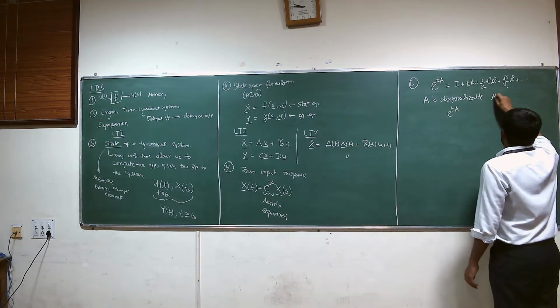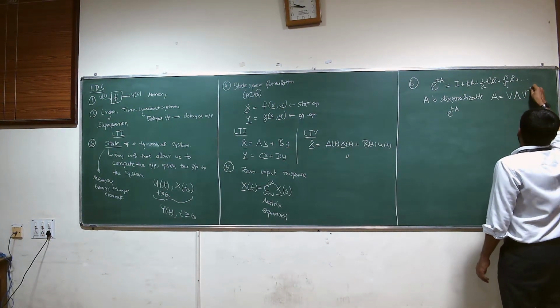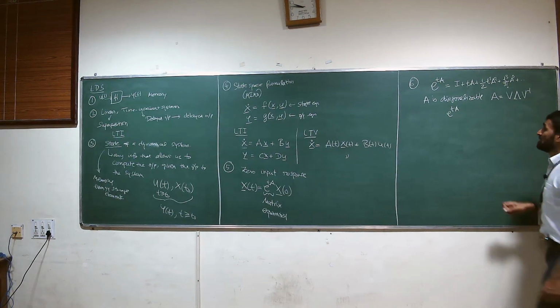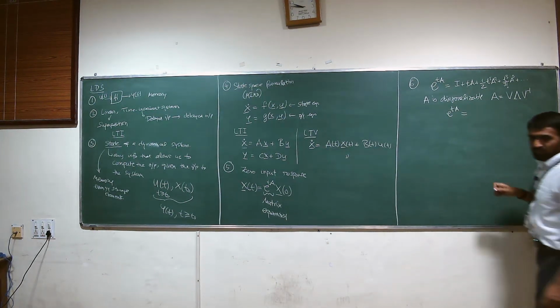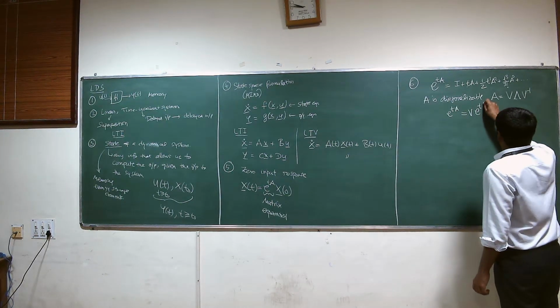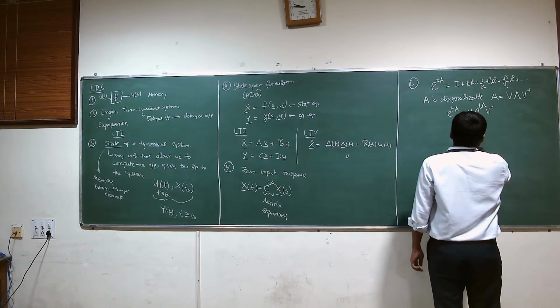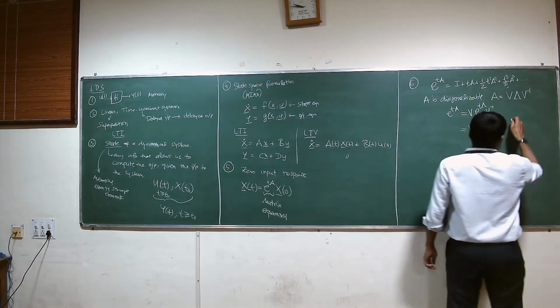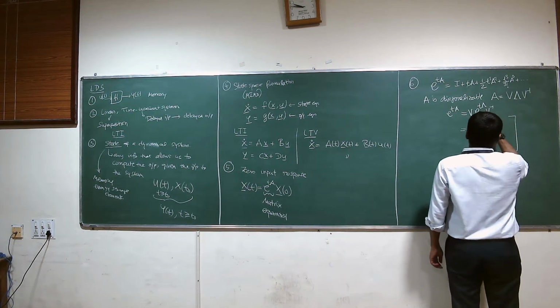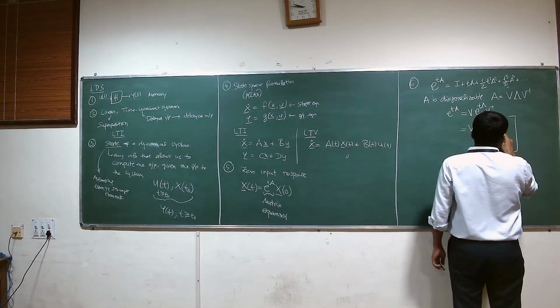And let's say if A is diagonalizable, then we can write it as V Lambda V inverse. Then what will this be equal to? So this will simply be V e power t Lambda V inverse. And what is e power t Lambda? It's simply a diagonal matrix with what are lambda 1, lambda 2?